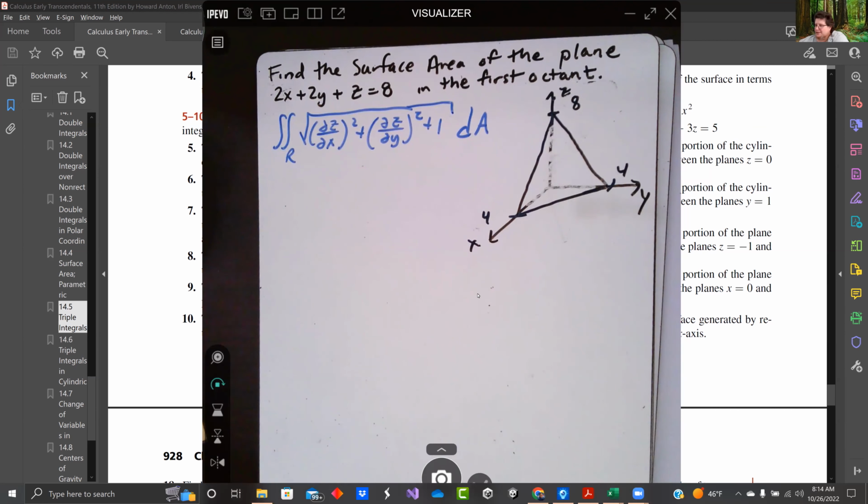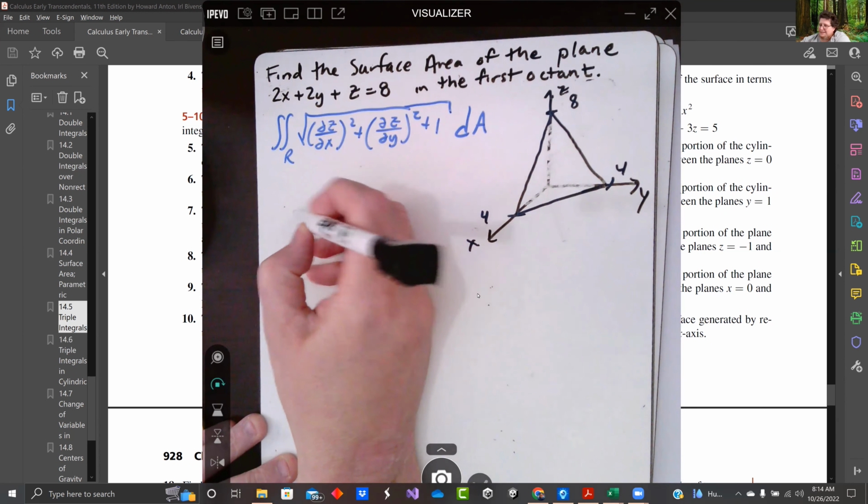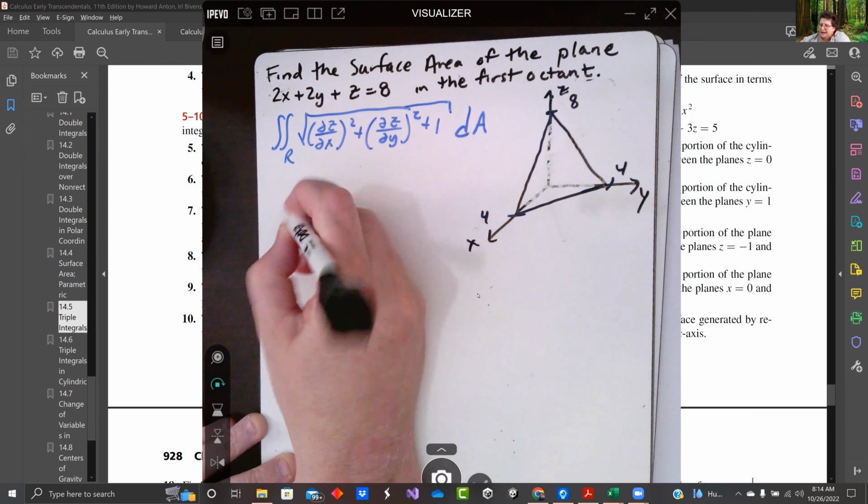What do I got to do to find the derivatives? Make it into a function of z. We're doing it implicitly. So a function of z in terms of x and y. I think making it a function of z is the easiest way to go. And how would we do that?